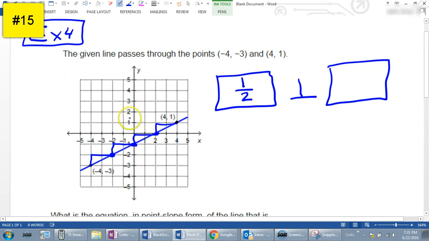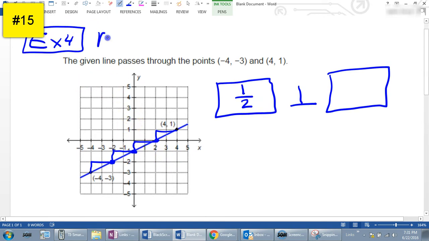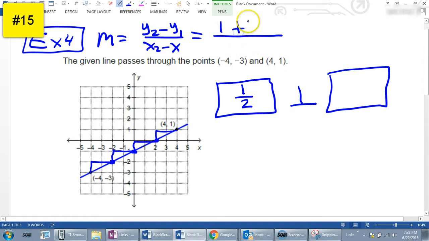Now, like I said, I could have gotten that using the slope formula, which is y2 minus y1 over x2 minus x1. If I had done that, that would have been 1 minus negative 3, which would be 1 plus 3, and then it would be 4 minus negative 4, which would be 4 plus 4, and that would be 4 over 8, which would be 1/2.